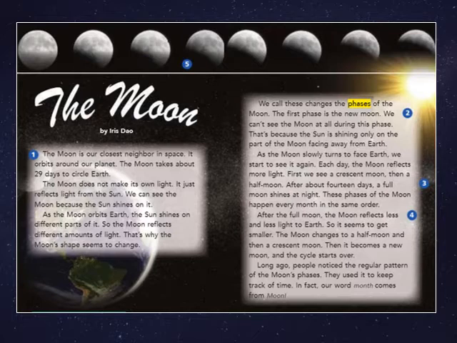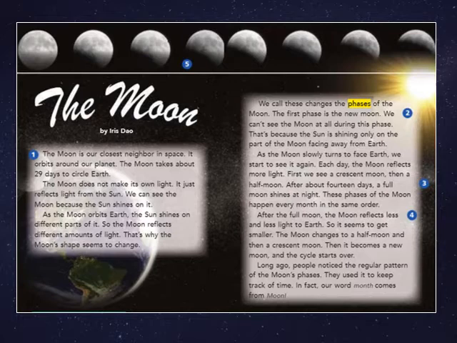Each day, the moon reflects more light. First, we see a crescent moon, then a half moon. After about 14 days, a full moon shines at night. These phases of the moon happen every month in the same order.